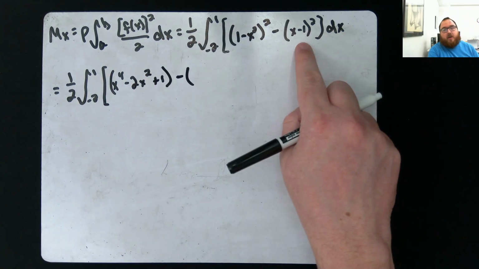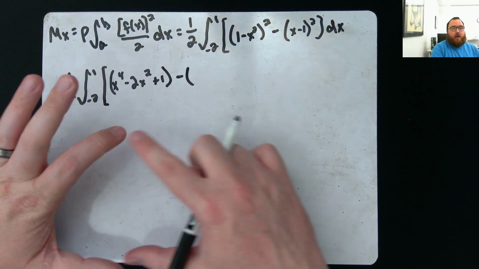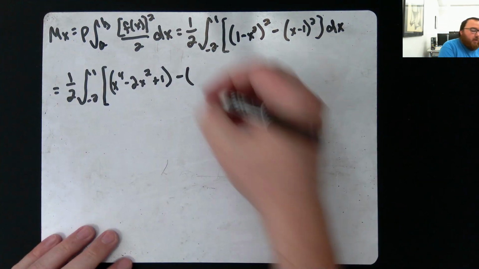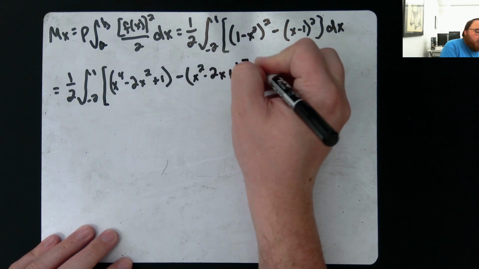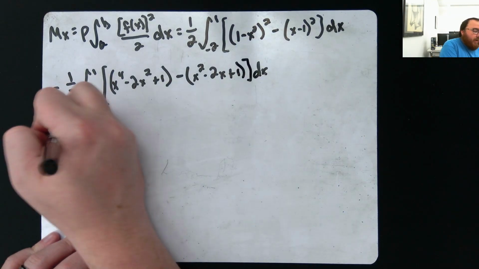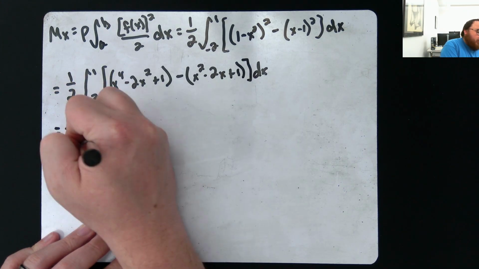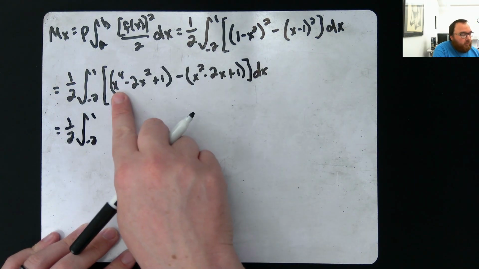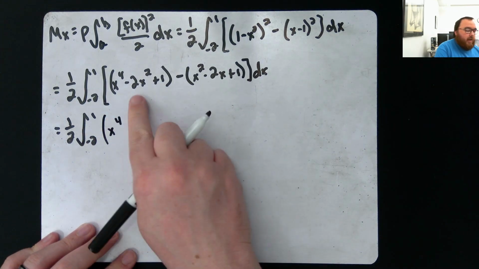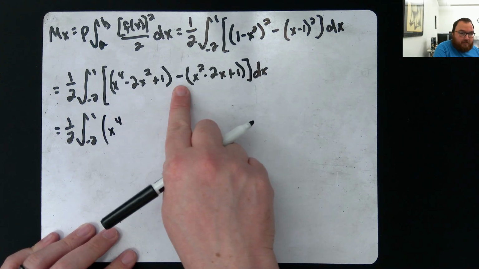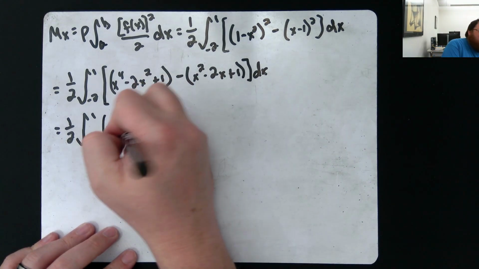Then do the same thing here. X minus 1 squared. Again, you write it out twice, times everything out. You get x squared minus 2x plus 1. Let's go ahead and combine like terms. X to the 4th, that's the only one here, so just x to the 4th. Negative 2x squared minus x squared gives you minus 3x squared.